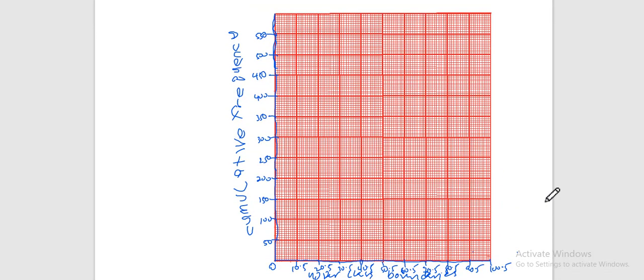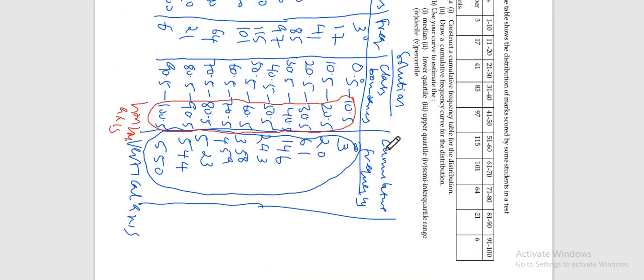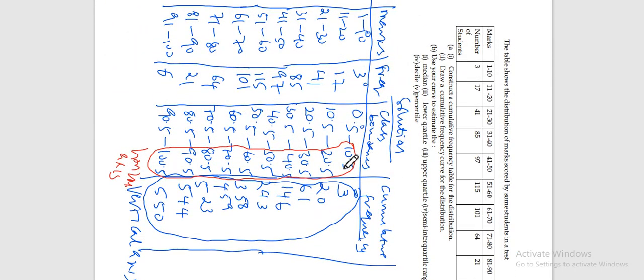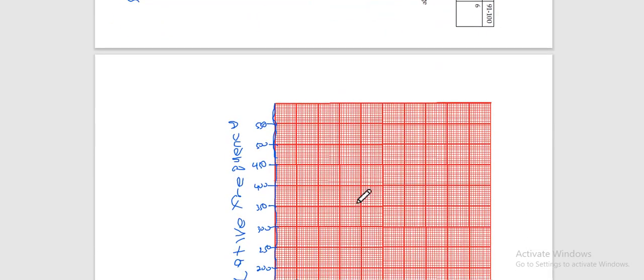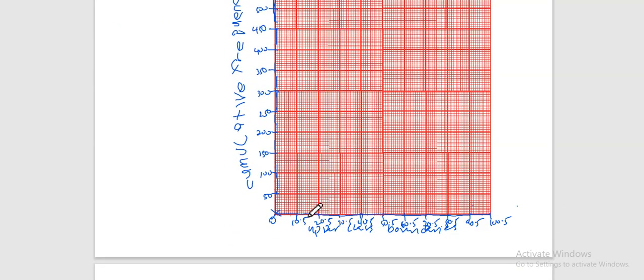The first point there is the origin. The first point must start from the origin here. Then the next point is this. When it's 10.5, the cumulative frequency is 3. That's somewhere here.